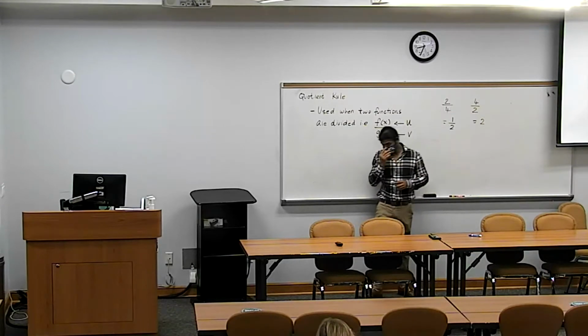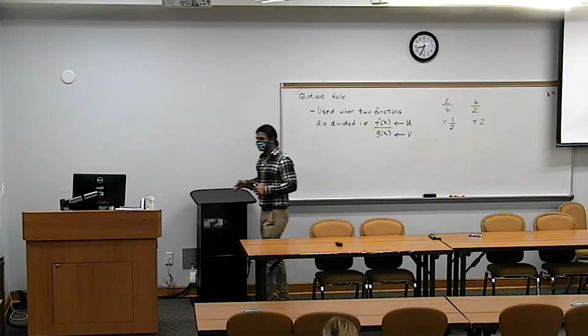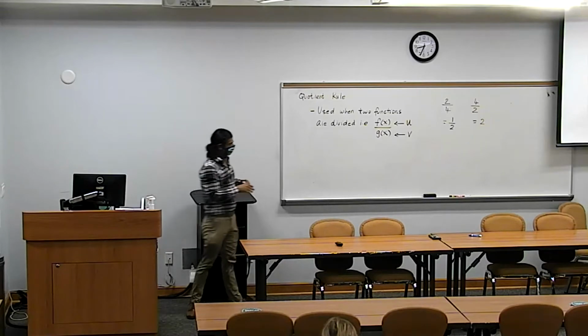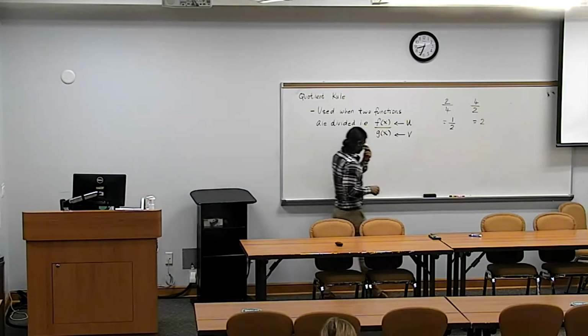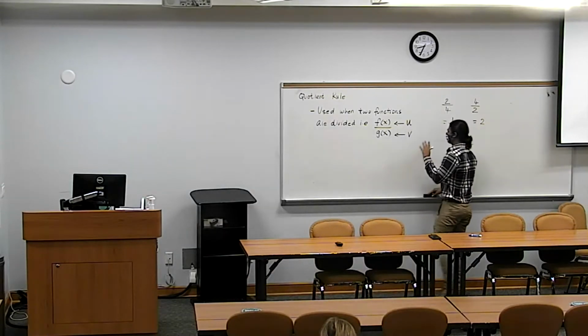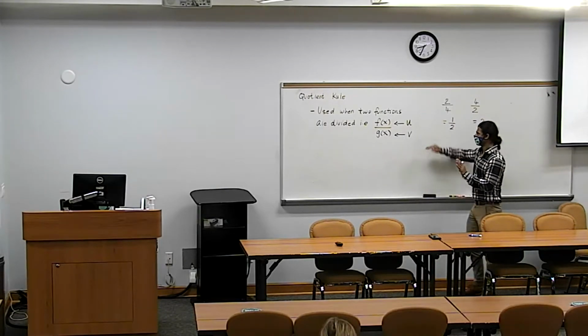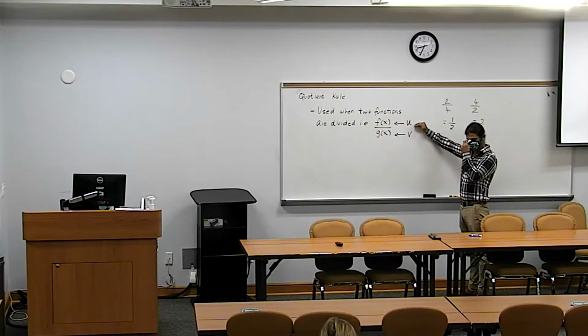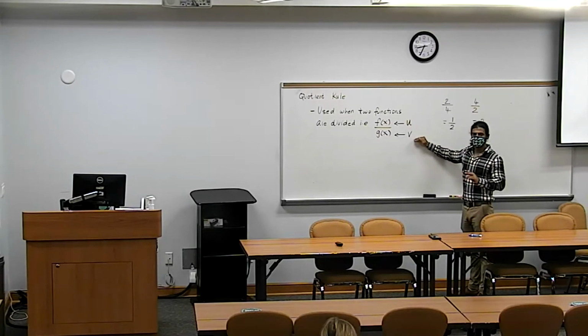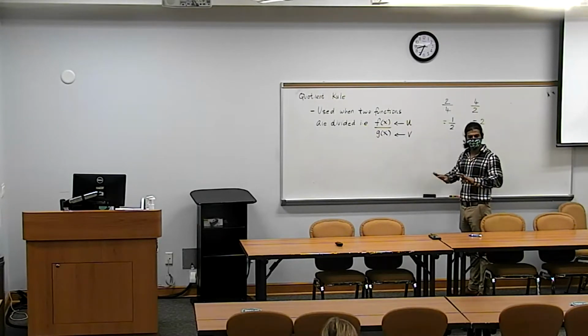So oftentimes students get confused by switching U and V when it comes to quotient rule, and I would recommend that you don't do it. I'm going to define the numerator as U, denominator as V, and keep it that way so that you simply have one formula. Are we clear?